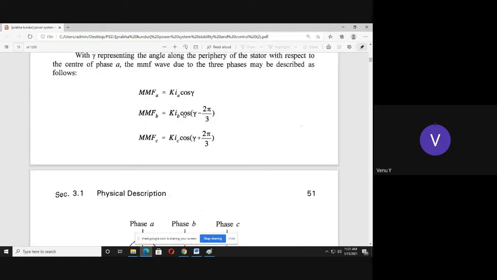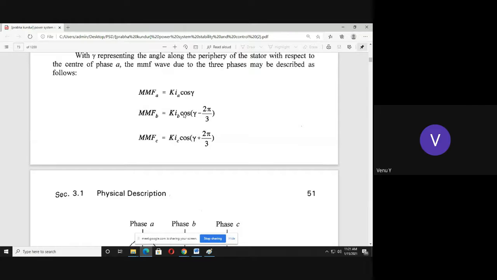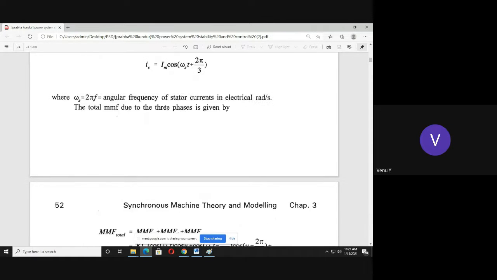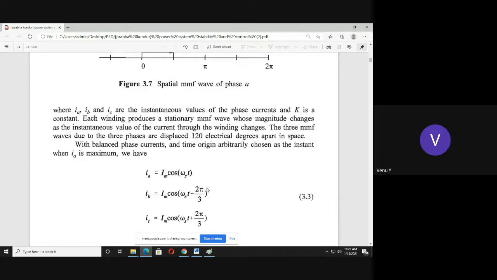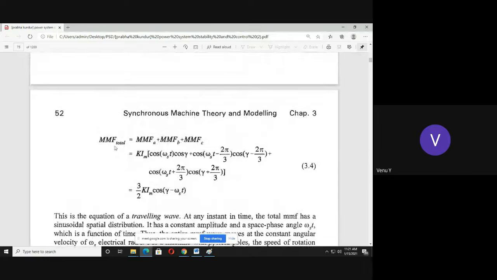Let us substitute the IA, IB, IC values. You'll get the total MMF equal to the sum of the MMFs: MMF A, MMF B plus MMF C.